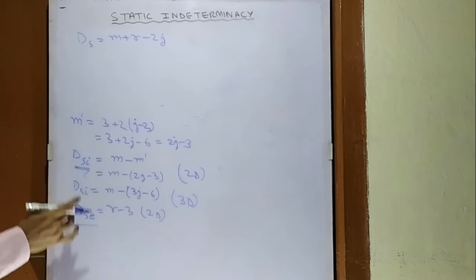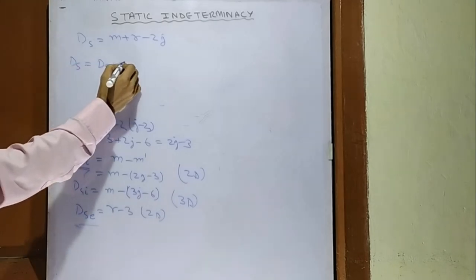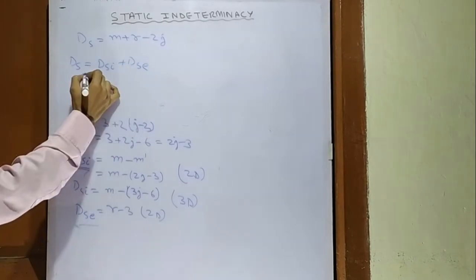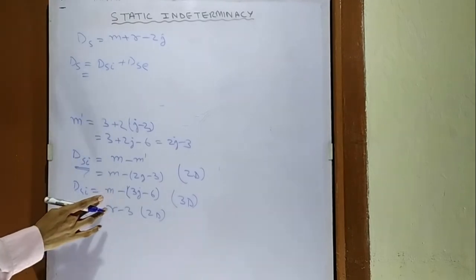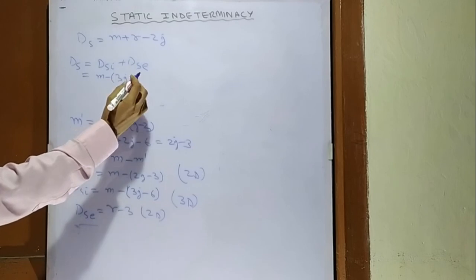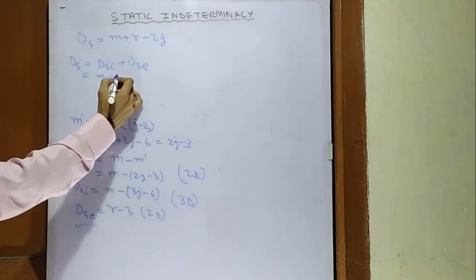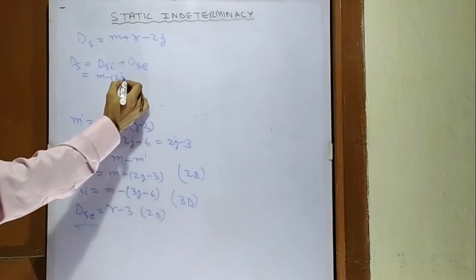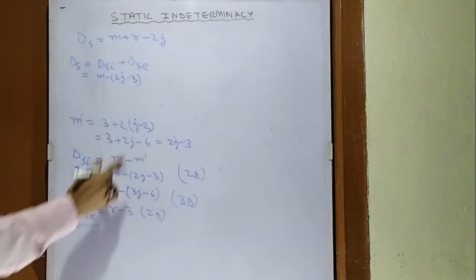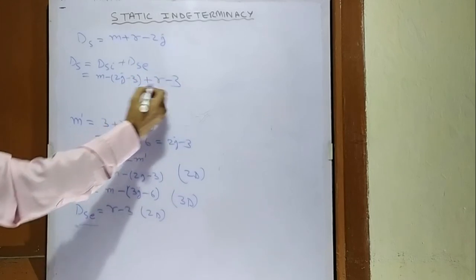Okay, so ds will be equal to DSI plus DSE, and what is the value of DSI? m minus 2j plus 3, and what is the value of DSE for 2D? r minus 3.